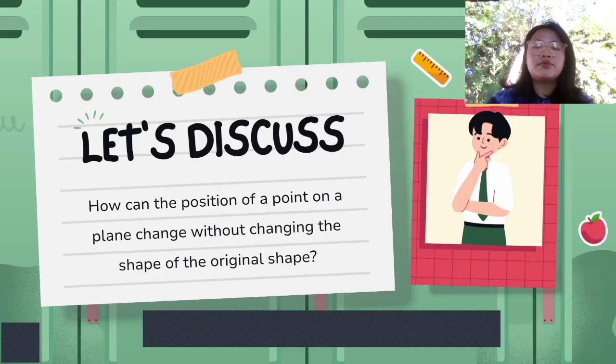Even though its position changes, its size and shape remain exactly the same. This idea is called geometric transformation. In mathematics, a transformation changes the position, orientation, or size of a figure according to certain rules.